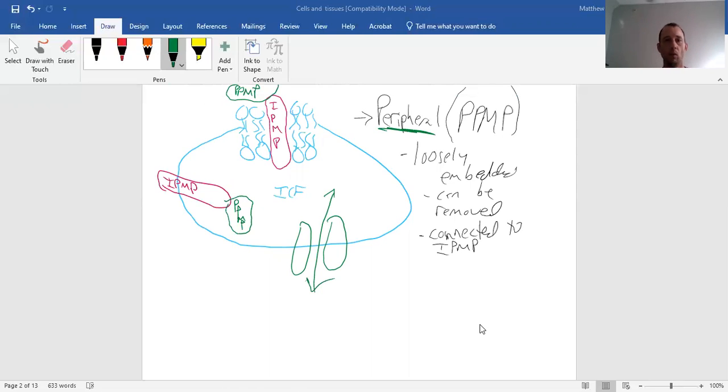Why would you need a channel? Well, they're selective. They allow certain things in and out. But it may be because I need to move something large into my cell. I can't get through the phospholipid bilayer, so I have to have some sort of mechanism.